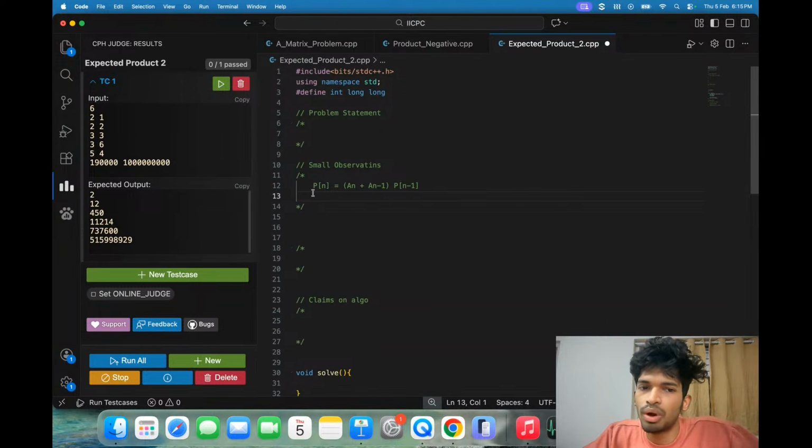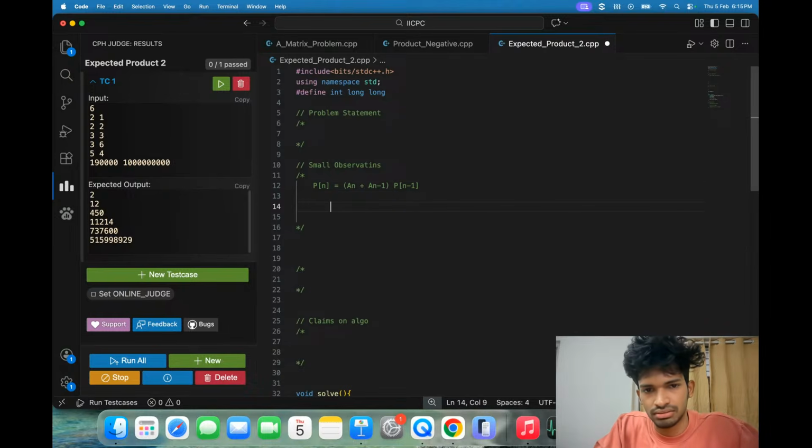Now we want the sum of this over all possible things. Let's say you have the sum of this over all possible things, but then this will keep varying. Let's try to write it like this.